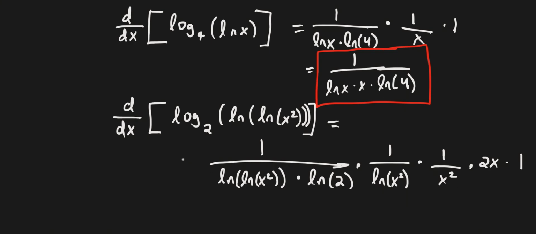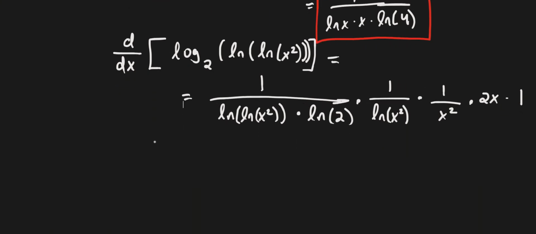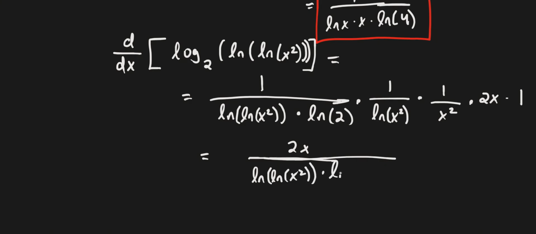Okay, so this was kind of long, but you can just finally put this all together, and it's not too difficult. It's just 2x all over the natural log of the natural log of x squared, multiplied by the natural log of 2, times the natural log of x squared, times x squared.